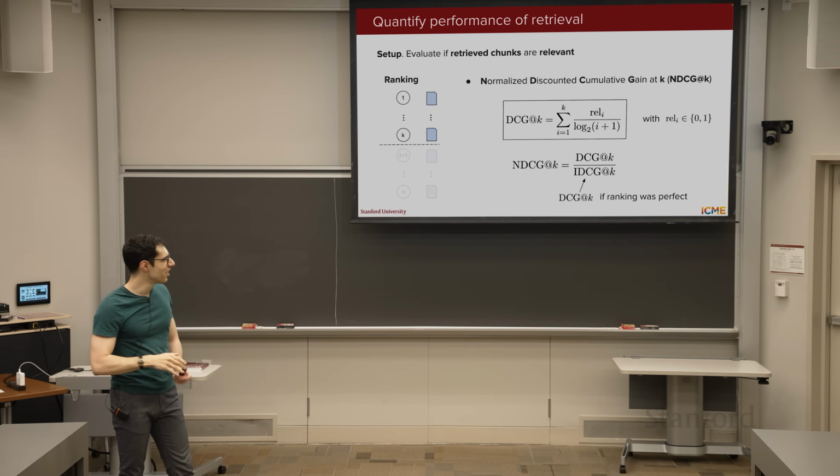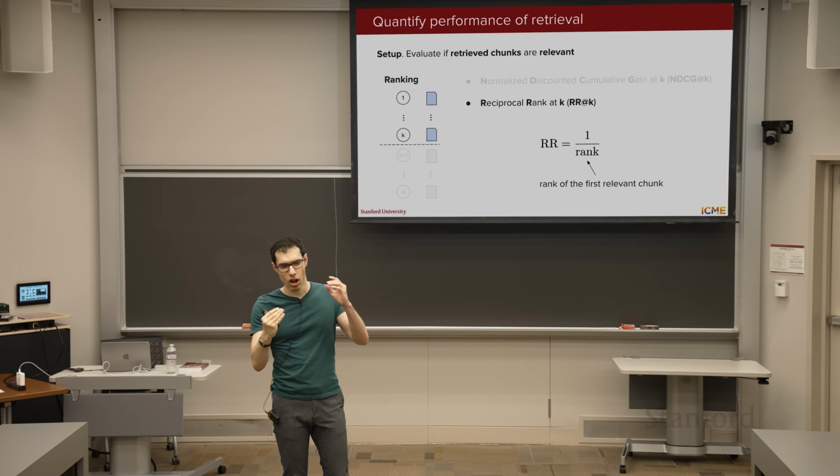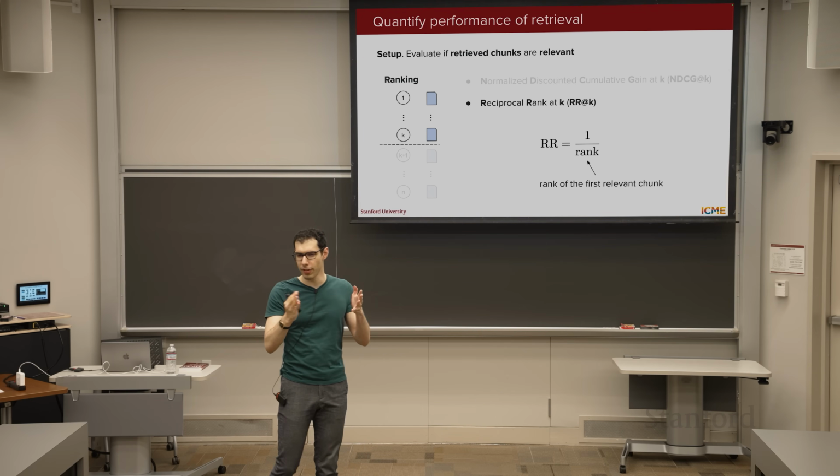Yeah? OK, great. So you have a bunch of other metrics. You have another one that's called the reciprocal rank. So this one is much simpler. It takes the inverse of the rank of the highest rank of all the relevant documents.